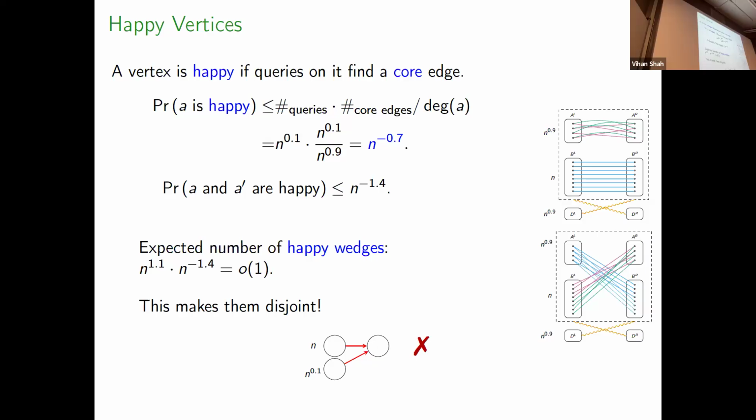So the probability A is happy, right? So fix this vertex here. Once I look at that vertex, it's like, what is the probability that that vertex you made n queries on lands on A itself? Because it is random, so it can land anywhere else.